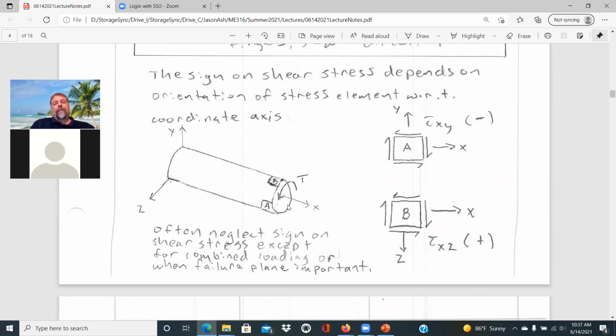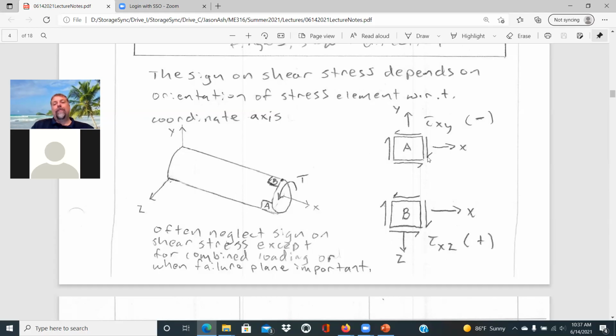What we've drawn here is just a solid circular shaft with a positive torque applied. So we put our thumb out in the x direction and our fingers claw around in that positive torque sense. Then if we look at two stress elements at A and B, we can look at the effect in relation to the coordinate axes. If we look at that 2D projection of face A, we'd have our x-axis going to the right and our y-axis up.